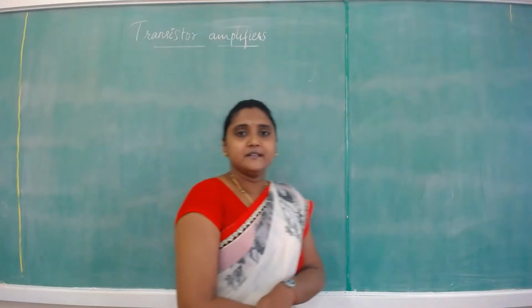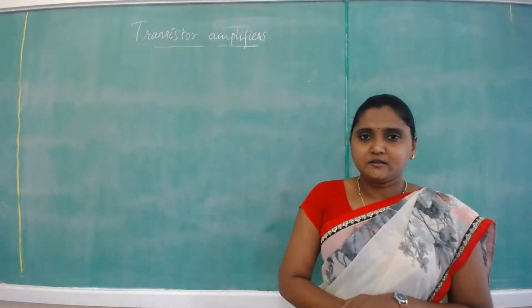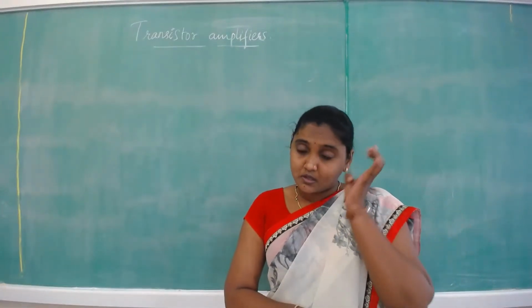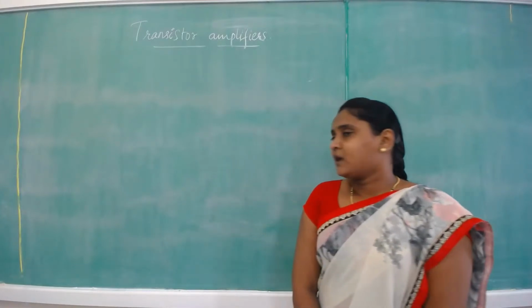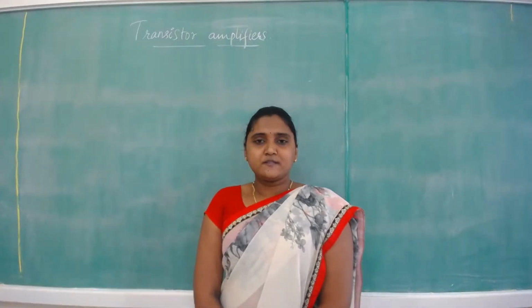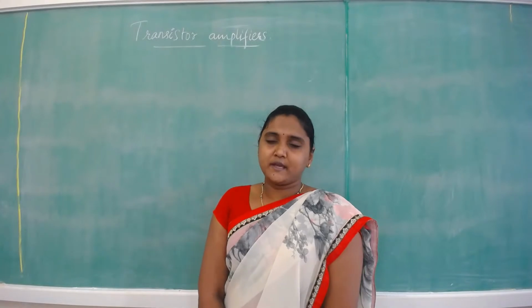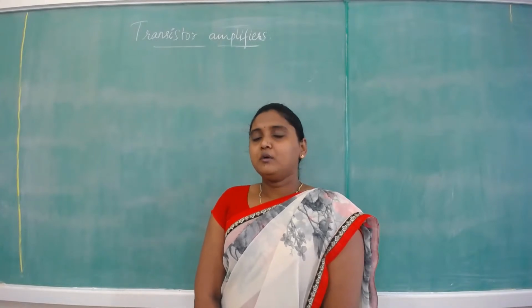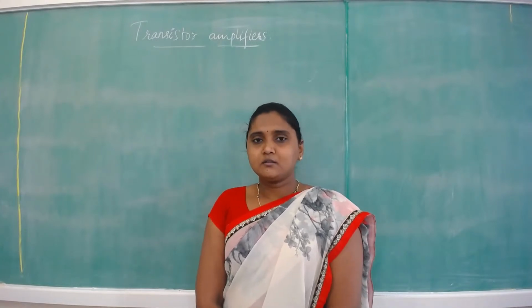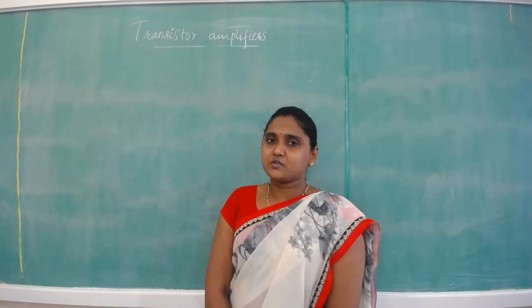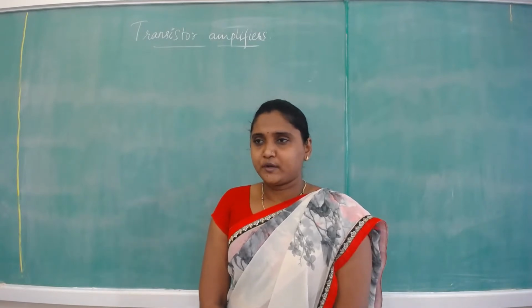where we started with the definition for amplifier, the definition for amplification, faithful amplification, and the role of selection of the Q point in the operation of the amplifier, and also how it affects when we are selecting the Q point near the cutoff region, saturation region, and middle of the Q point.